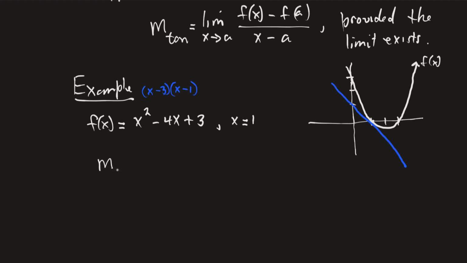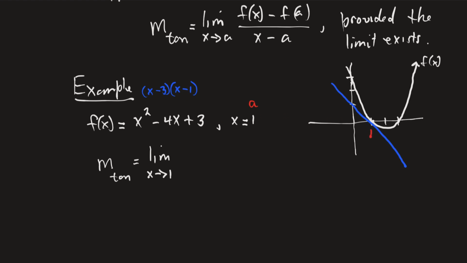So the slope of the tangent to this parabola at this specific point is determined by this limit. So it's going to be the limit as x approaches 1, because that's my constant value right here, right? In fact, let me label it just so you can see this is the a value, right here.